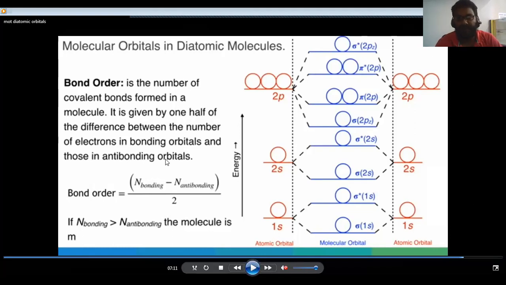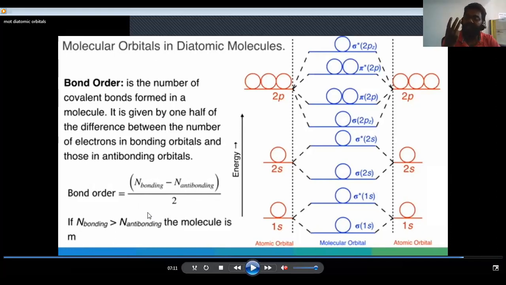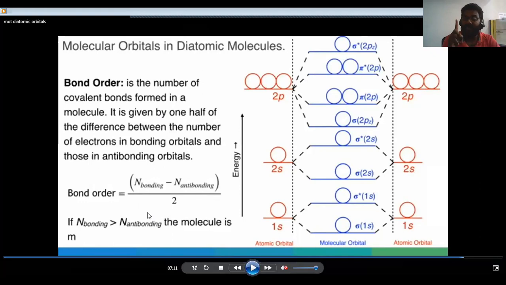That is called bond order. Bond order 2 means 2 bonds between atoms. Bond order 3 means 3 bonds. Bond order 1 means 1 bond.